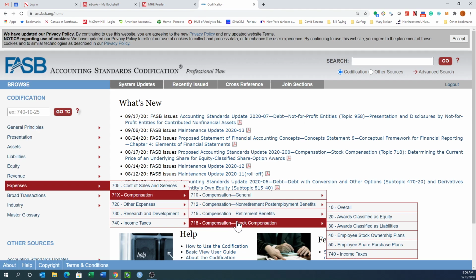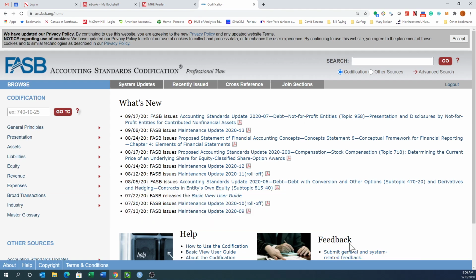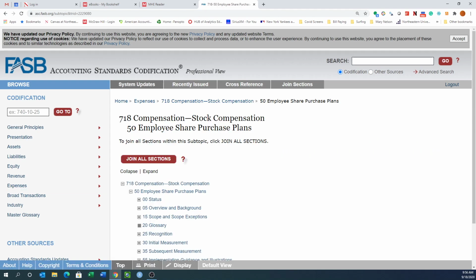And the first thing we want to look at is, actually, I want to look at 50, employee share purchase plans. That's really what I want to focus on because we're trying to figure out whether or not we are dealing with compensatory plans or non-compensatory plans. Right? That's what we're trying to think about here.